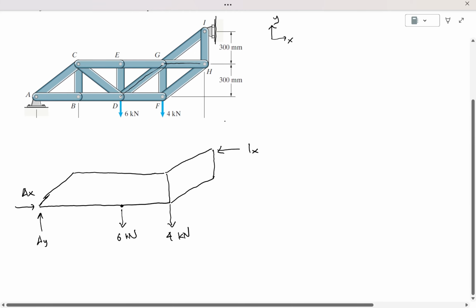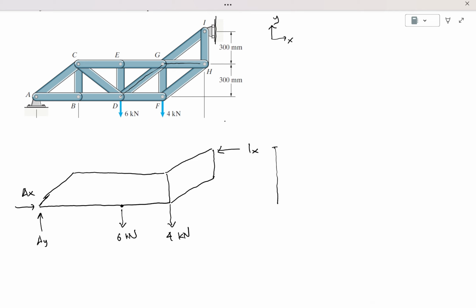To make it complete, you can put dimensions if you want. So this is 0.3 meters and this is 0.3 meters too. And then I guess this is 0.4, 0.4, 0.4, and 0.4 meters.